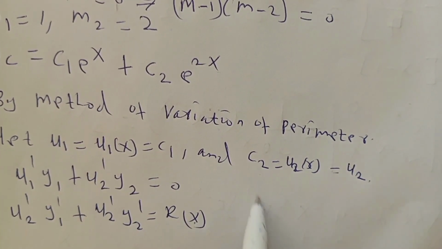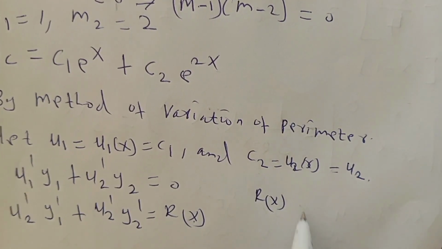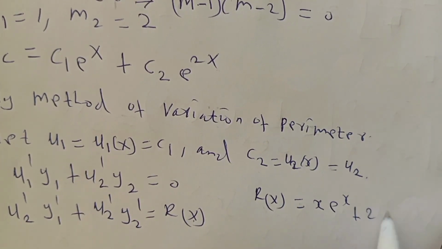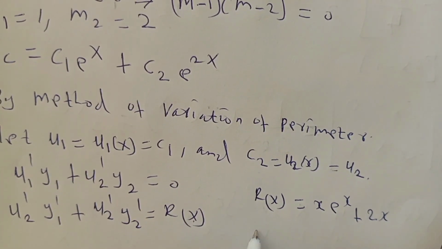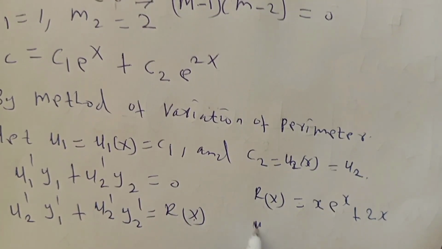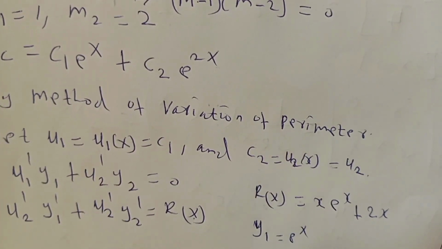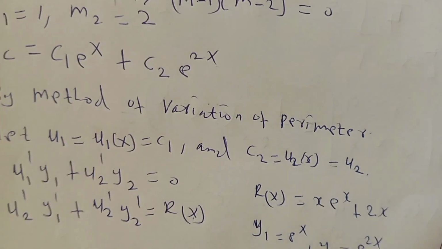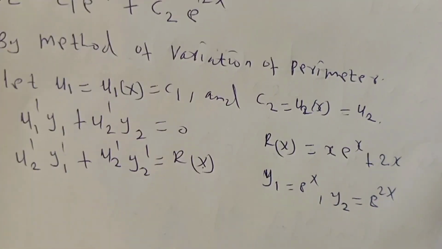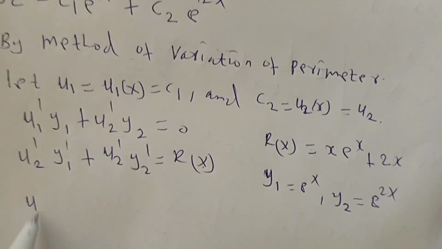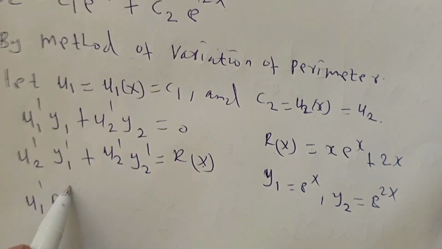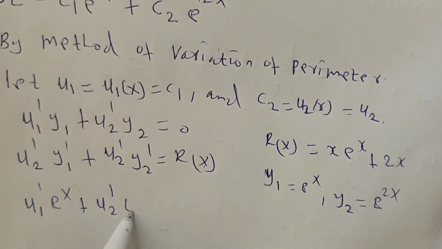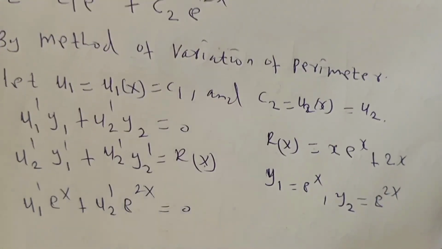In our given O.D.E, r of x is equal to x exponential x plus 2x, and y1 is equal to exponential x, y2 is equal to exponential 2x. So substituting those here, we shall have u1 prime exponential x plus u2 prime exponential 2x, which is equal to 0.